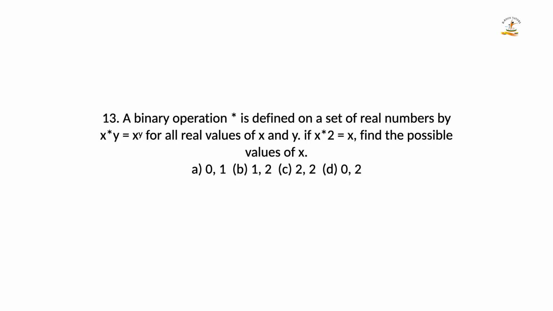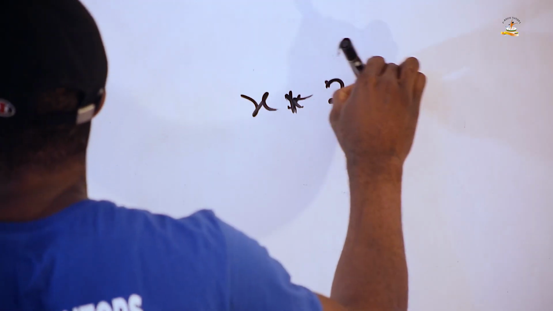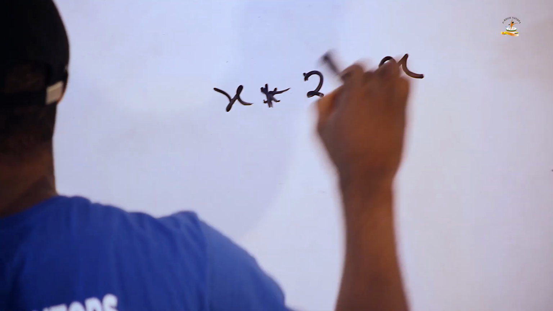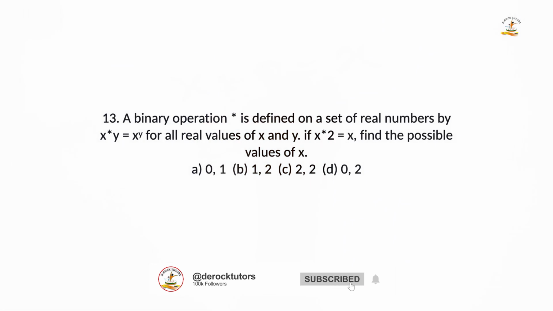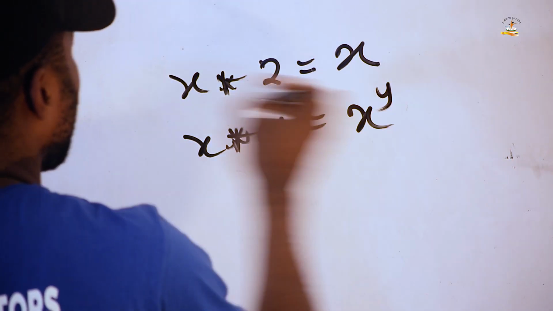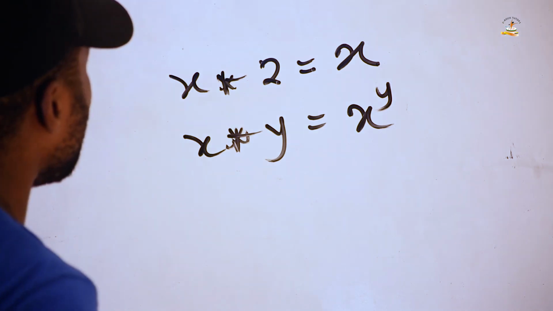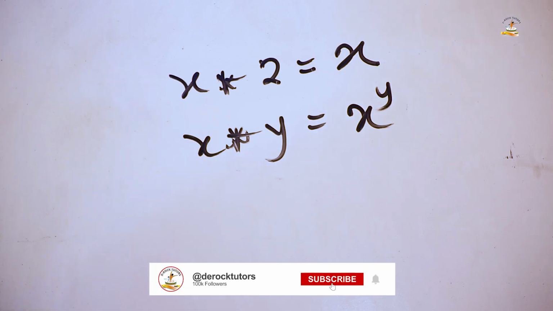We proceed. A binary operation is defined as x asterisk 2 equal to x, and the second one, x asterisk y, is equal to x raised to power y. We are going to define the first in terms of the second. How do we do that?